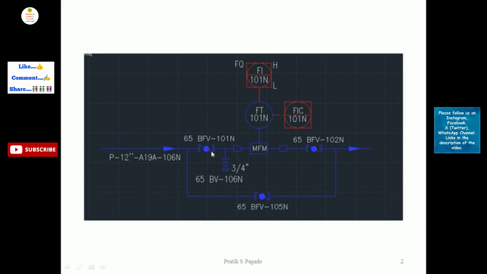Okay, so here these butterfly valves 101N and 102N are used here for isolation purpose during maintenance of the MFM, and during maintenance this valve, that is BFV 105N, shall be open to allow the flow through this bypass line during the maintenance of the MFM. So now let's see in detail about this arrangement further.